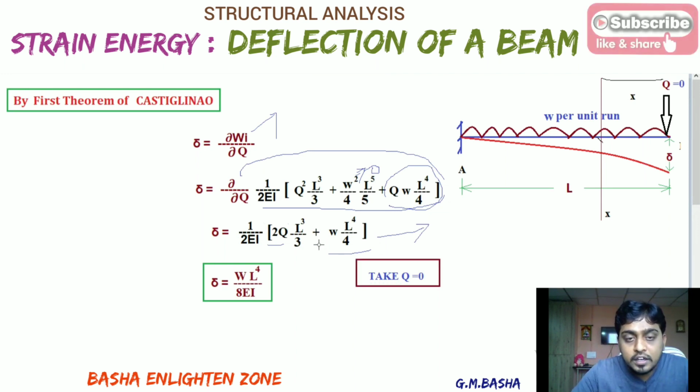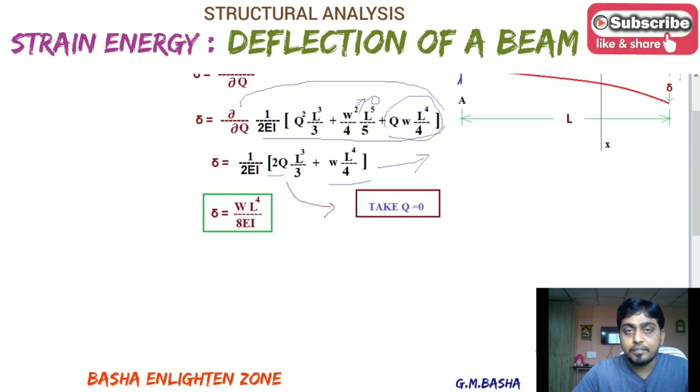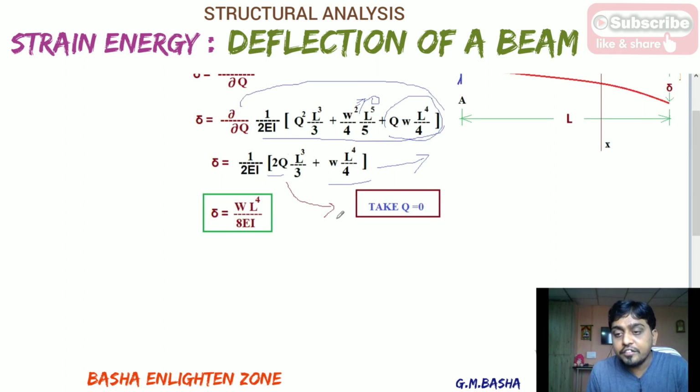Then substitute that 0 value here in place of Q. Then 1/2EI into WL⁴/4. Again WL⁴/4 into 2 is 8, so you will get this value WL⁴/8EI. Therefore the deflection at the free end of the cantilever will be equal to WL⁴/8EI.